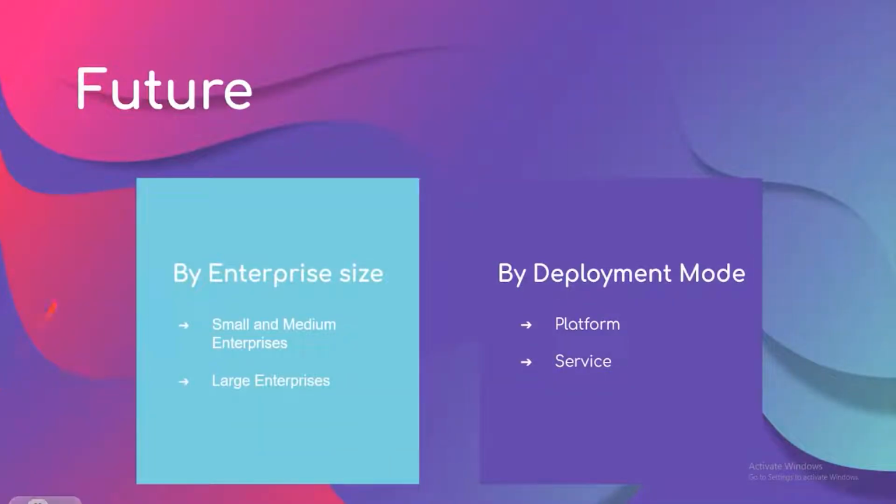We can also talk by enterprise size. Small and medium enterprises are using microservices, and large enterprises are also moving to microservices. By deployment mode, it is platform independent, and there are many services in the deployment mode.